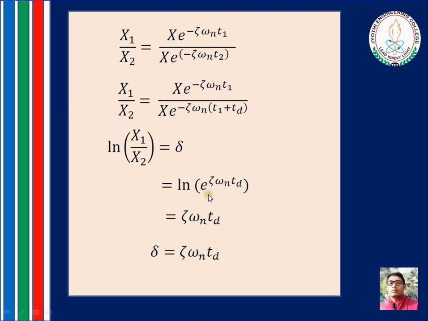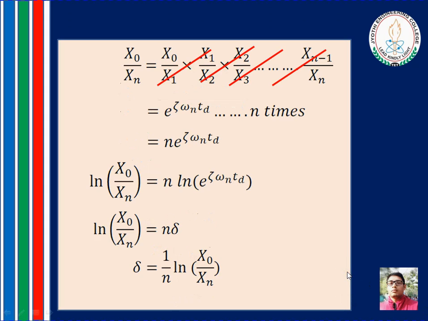Natural logarithm of e to the power is equal to the power itself, that is delta equal to zeta omega n td. Logarithmic decrement delta, that is the natural logarithm of the ratio of the amplitudes of successive oscillations, equals zeta omega n td.